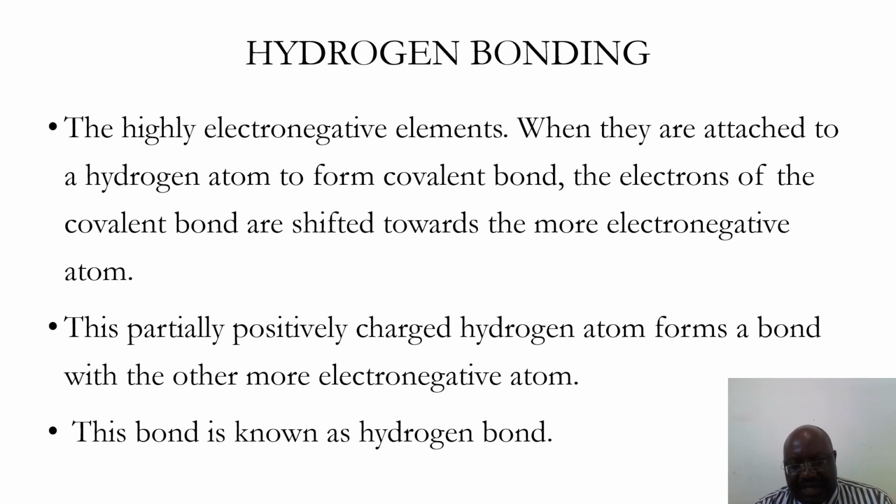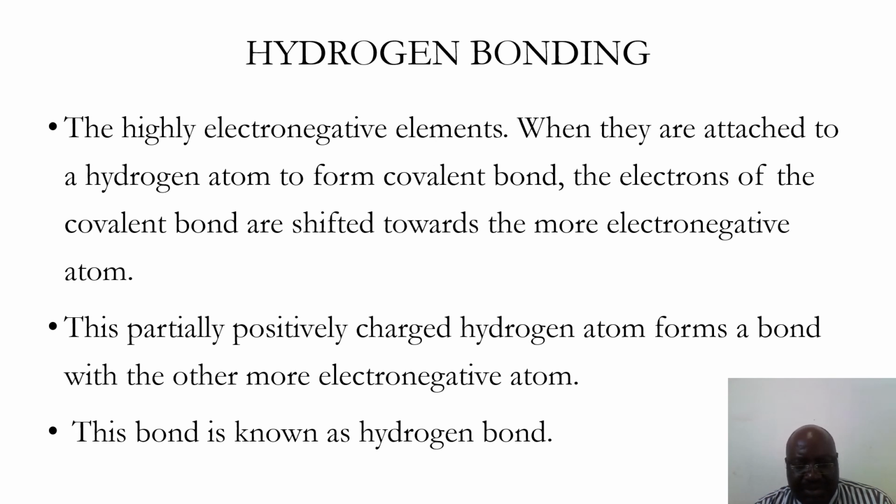Since this creates partial charges on the atoms involved, if we view the oxygen and hydrogen atoms, there is a greater tendency of shared electrons being closer to oxygen. Overall, the oxygen has a partial negative charge and the hydrogen atoms have partial positive charge.